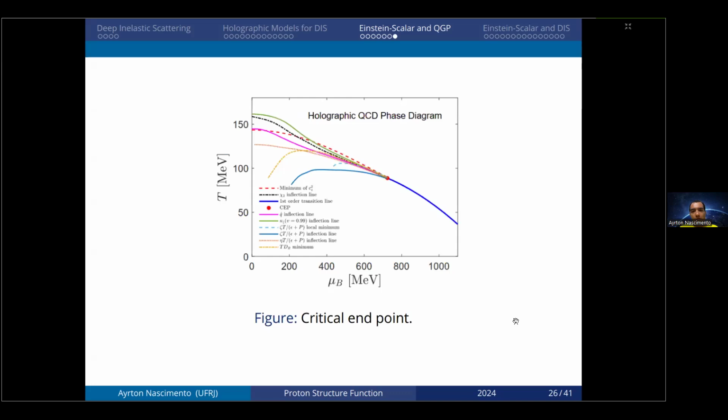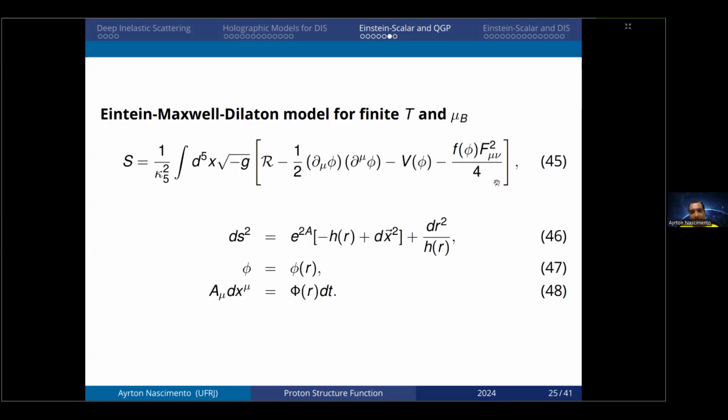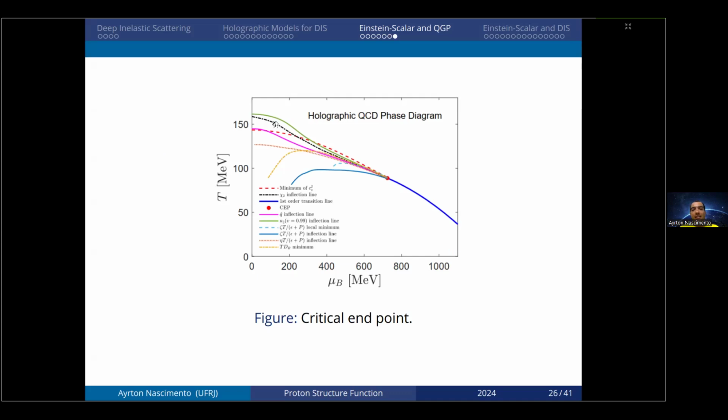So what people do to study the QGP, the quark gluon plasma, is they get models like this one, exactly like this one. The professor I worked with in the US used this model to describe the quark gluon plasma, and he got something like this, a QCD phase diagram, in which he investigates this Q over here, which is like jet energy loss in the plasma.